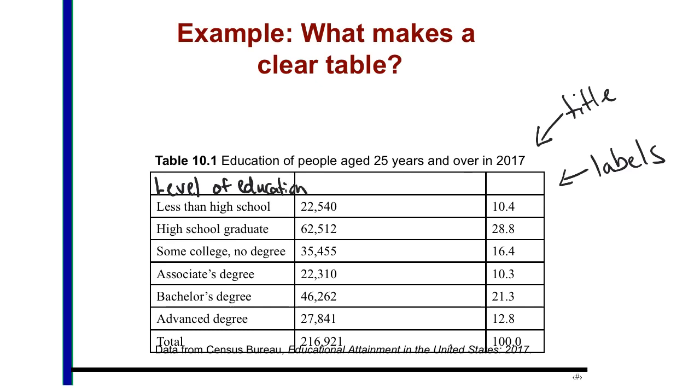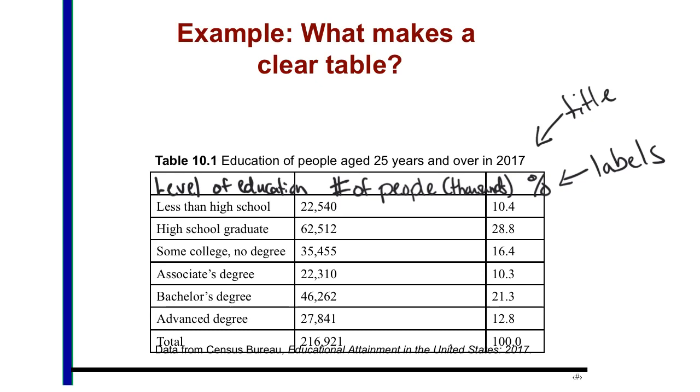The first part is the level of education. Then we have the number of people. This is in thousands. And then our last column is percent. These labels are all in yours. It just didn't transfer over to mine.